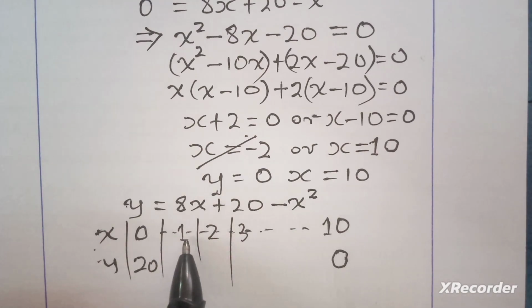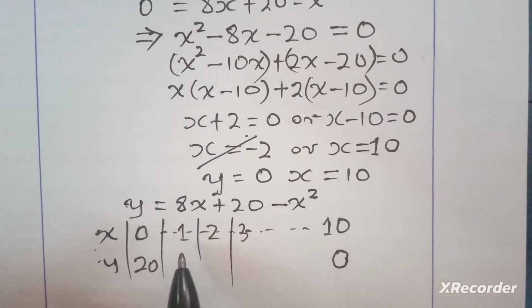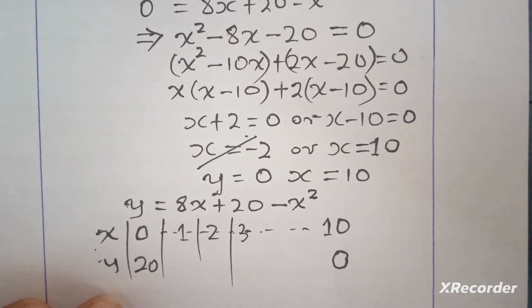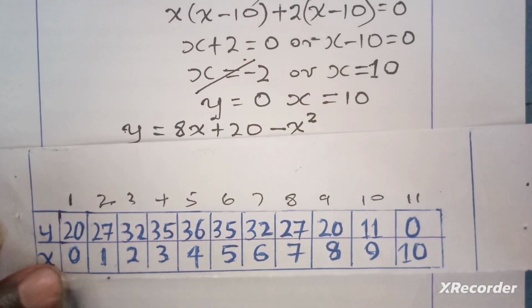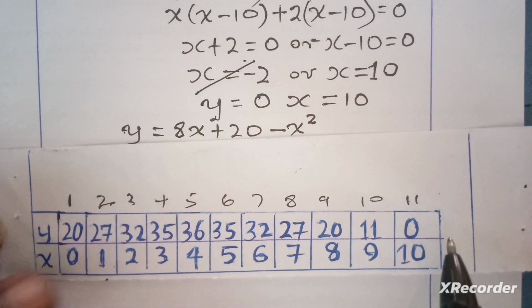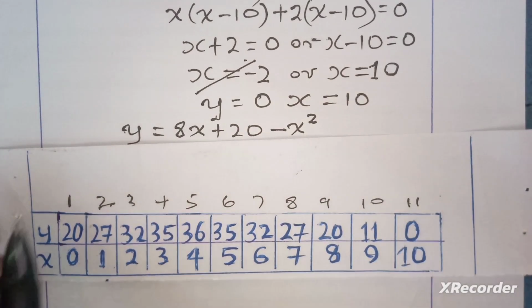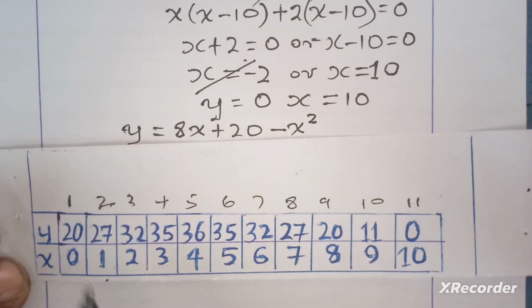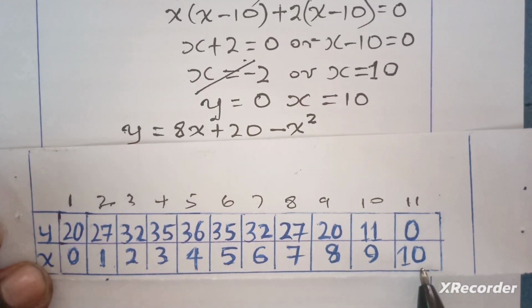We can replace x with 1. And when we replace 1, guys, I have already done that, so I can show you next. When I replaced x with 0, I got this figure, and for 1 it was 27. So this is the table, guys, with the results, whereby we begin with 0, just like we have said, and we end up with 10.